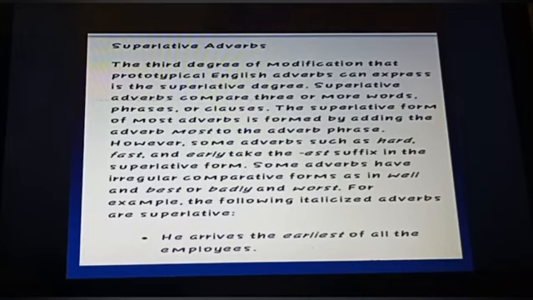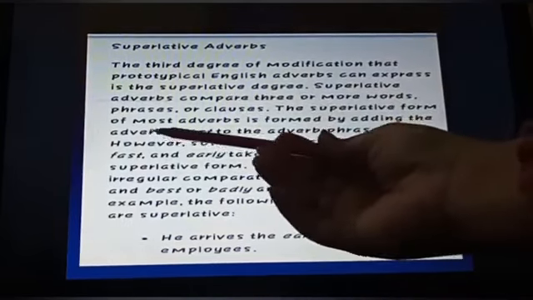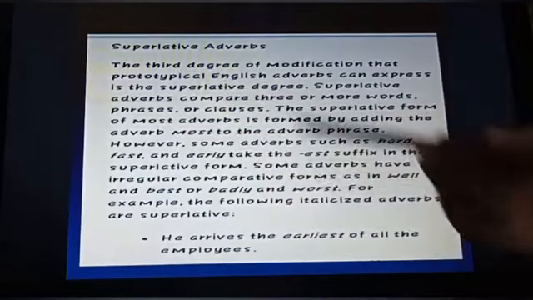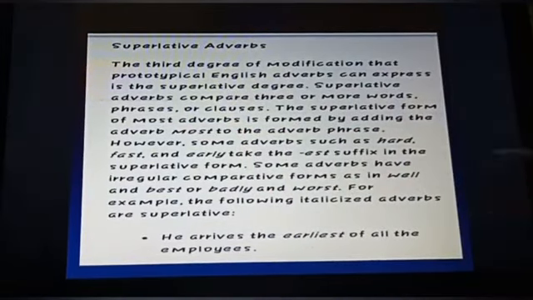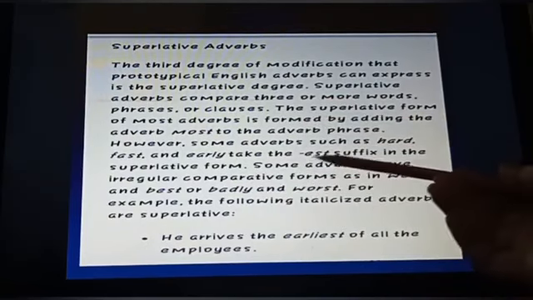The superlative form of most adverbs is formed by adding the adverb most to the adverb phrase. However, some adverbs such as hard, fast and early take the est suffix in the superlative form. As in the comparative we have used more, but in the superlative we use most, and in the comparative we have used the er form of these words, in the superlative we use est.